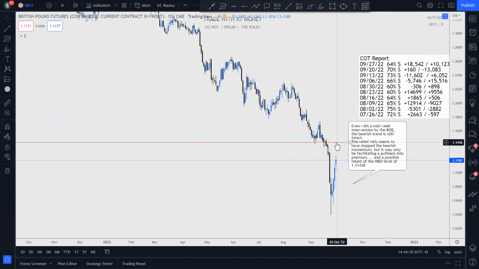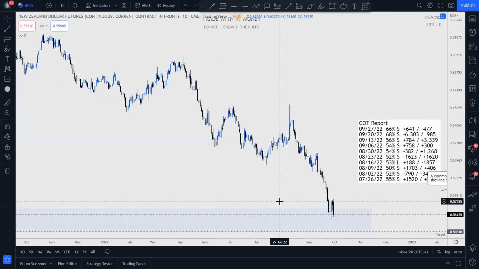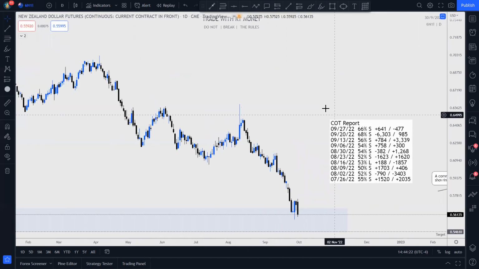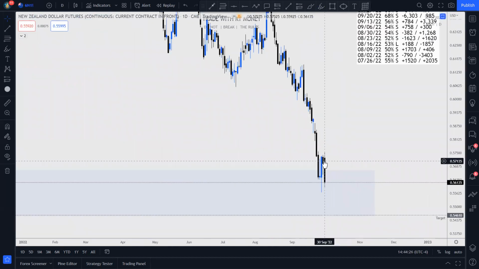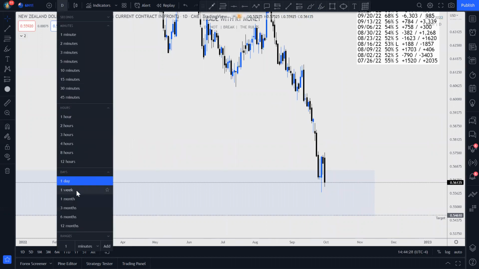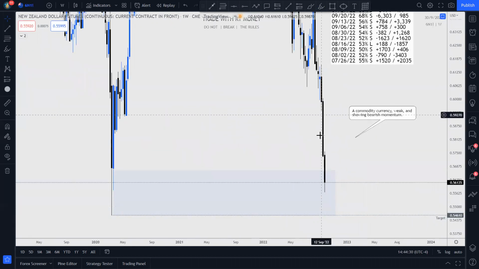Now, let's move on. We're going to the New Zealand dollar. This is just like its cousin, the Aussie. You see how the week ended? Boom, boom, boom. Terrible. And it's falling hard. There's a lot of momentum.